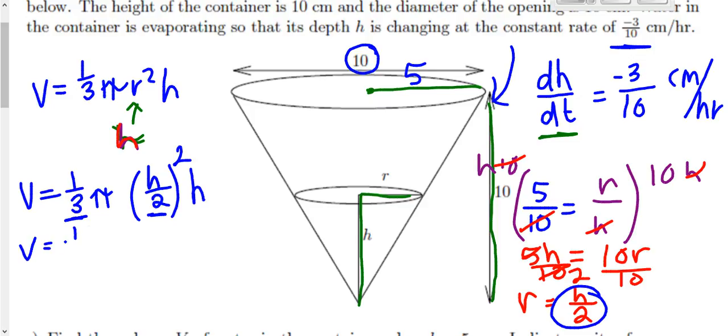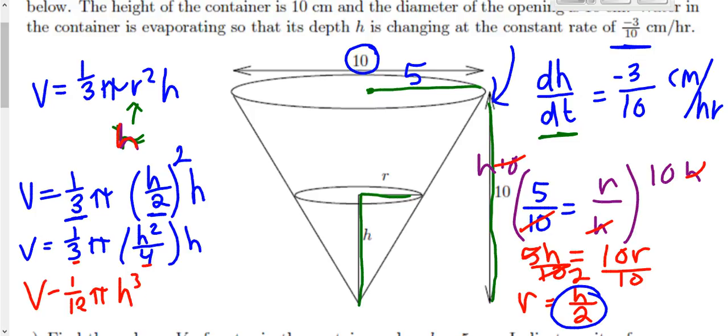So our volume is 1/3 pi h squared over 4 times h. And now we will combine those denominators. We'll multiply, so we'll have 1/12 pi h squared times h, which is h cubed. So here's our volume with just one variable, which is what we need and want.